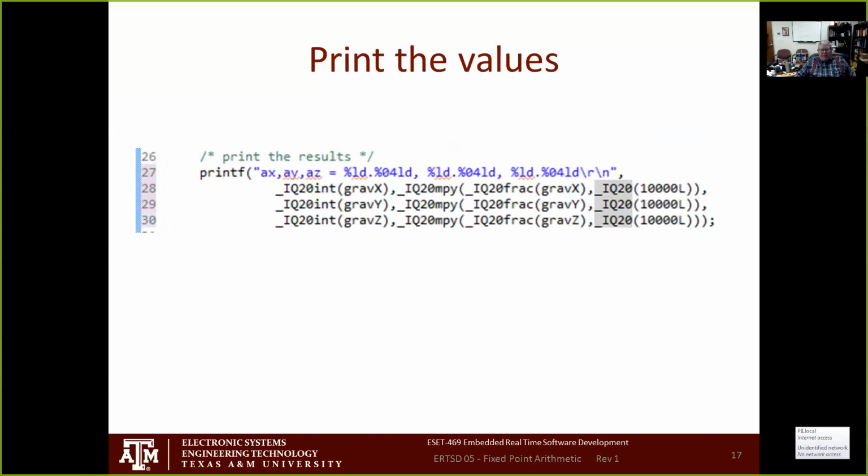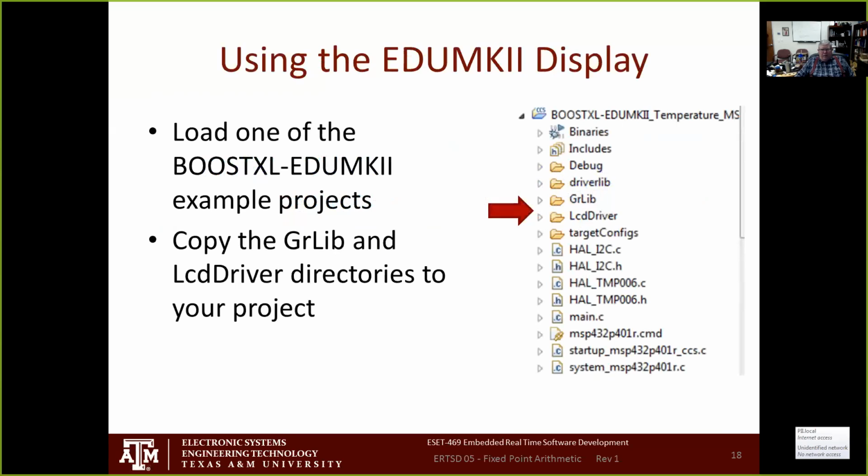And so now I can print these out as decimal values with fixed length notation.